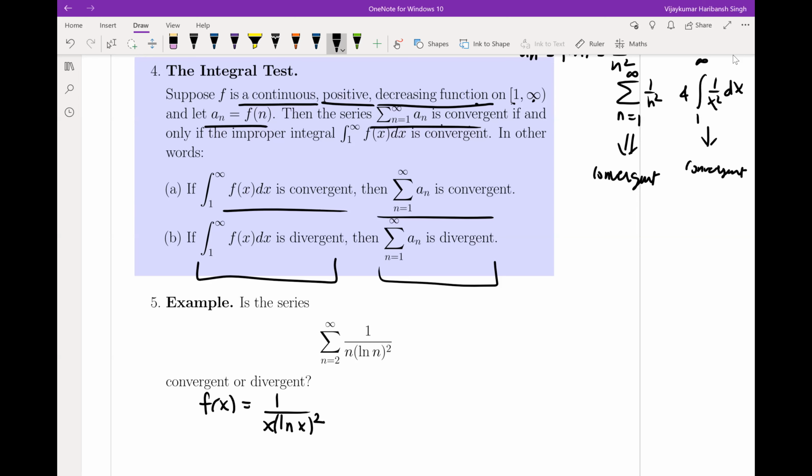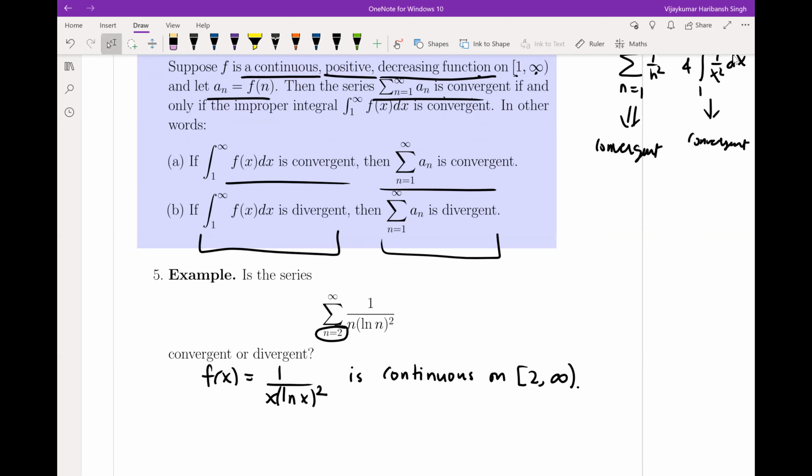Now this is continuous, and note that you're starting from 2, so this is continuous on 2 to infinity. It is also positive. Why is it positive? Because on 2 to infinity, x is positive, and ln x is also positive.